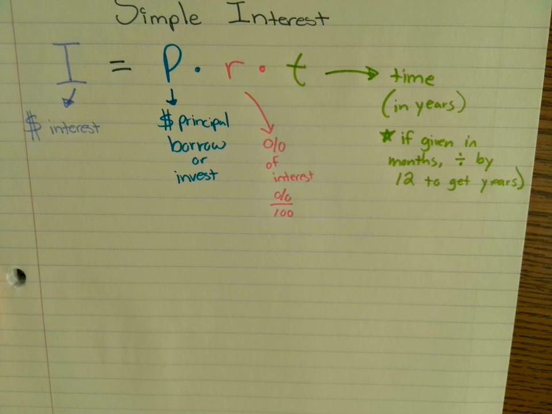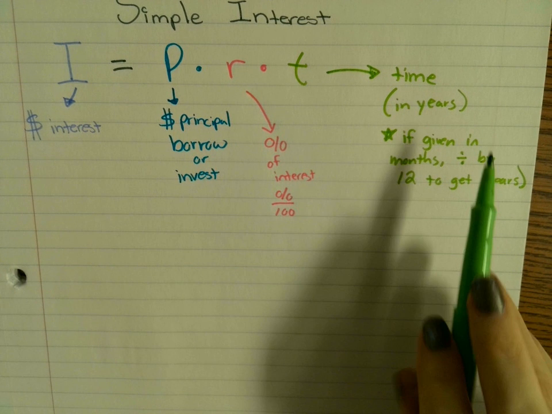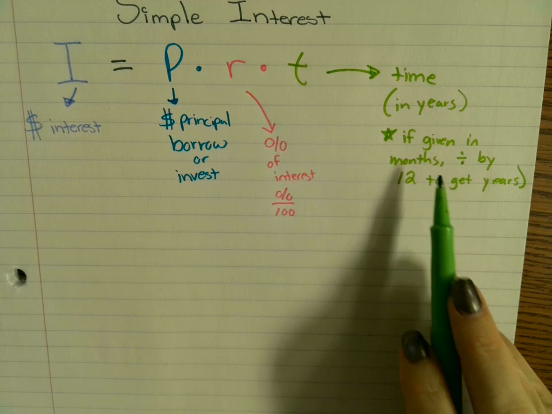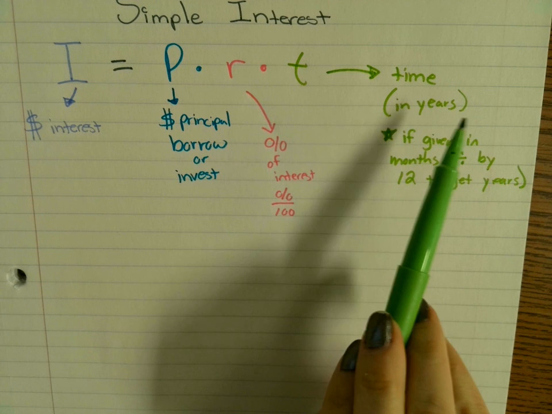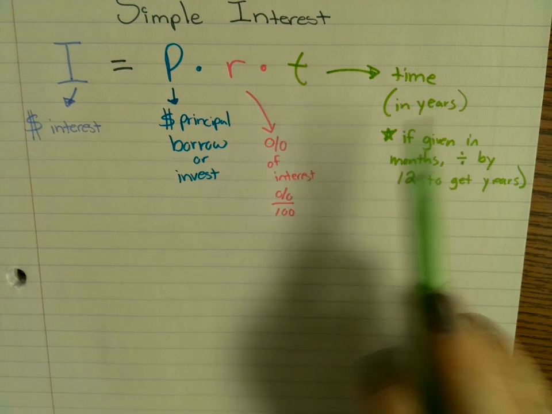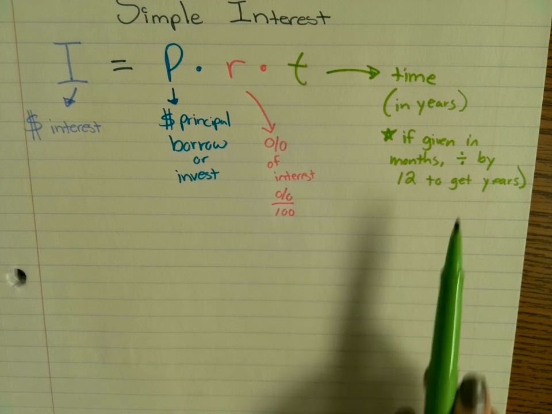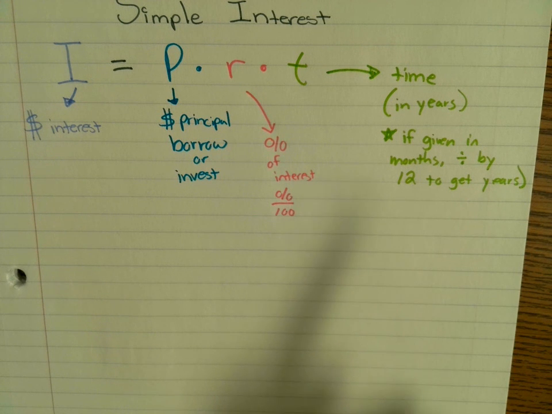So if it's 3 months, 3 divided by 12 comes out to 0.25 years. You always have to have it represented in years. If they're telling you years, you don't have to do anything with it. But if they're telling you months, divide the months by 12 to convert it into years.